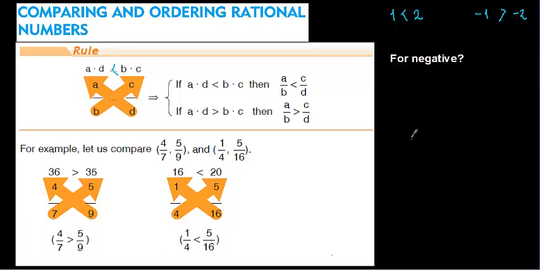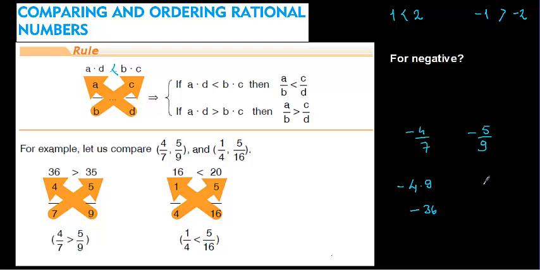So if I give the terms like -4 over 7 and -5 over 9, I'm going to cross multiply. 4 times 9 is 36, so -4 times 9 is -36.